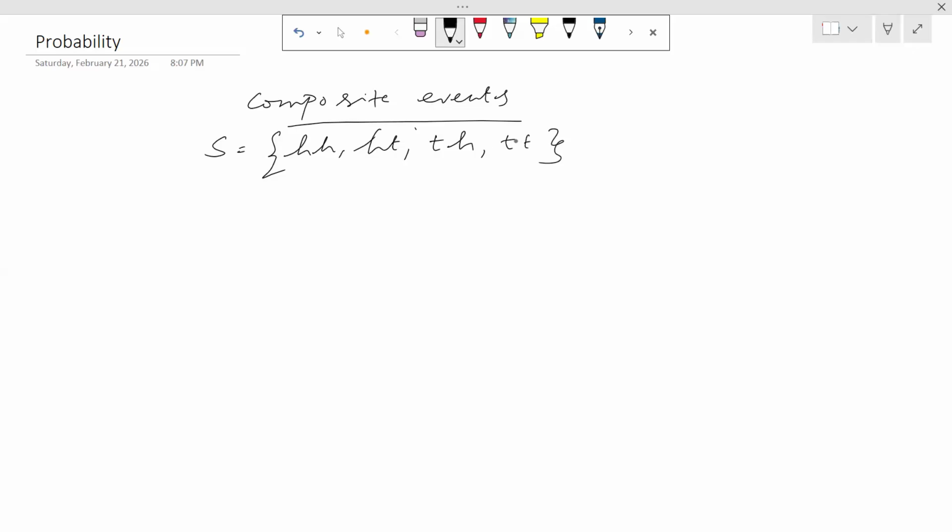Suppose A denotes the event of getting a tail in the first coin and B the event of getting a tail in the second. So what is event A saying?